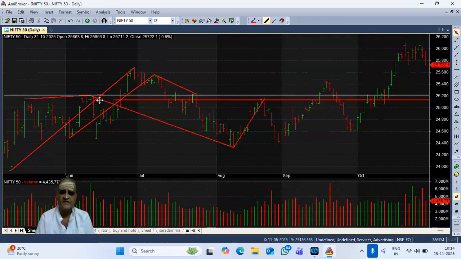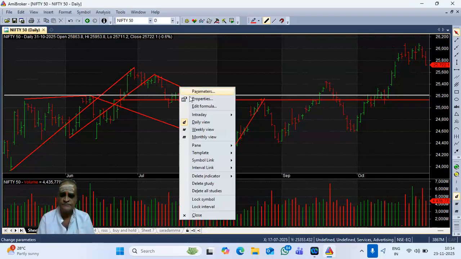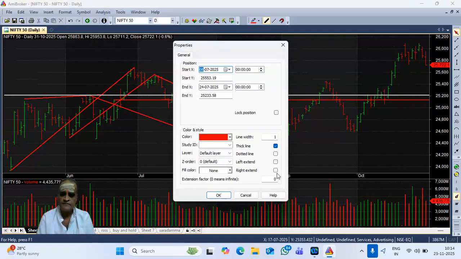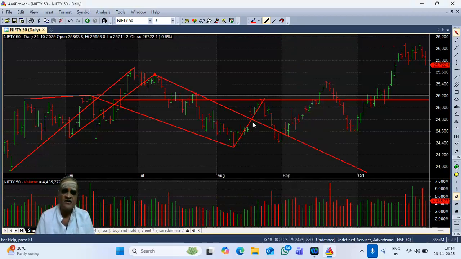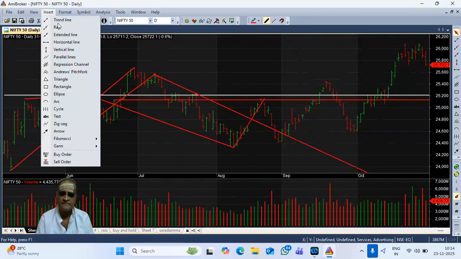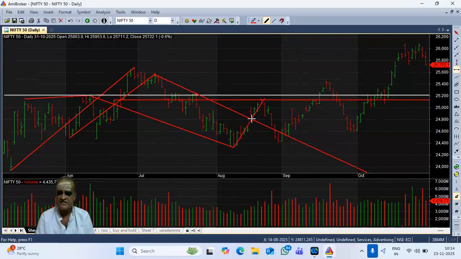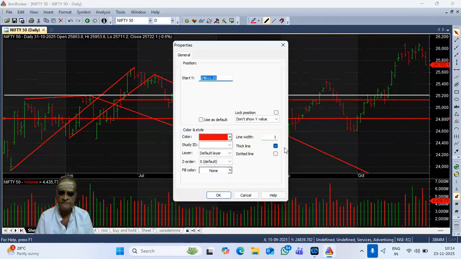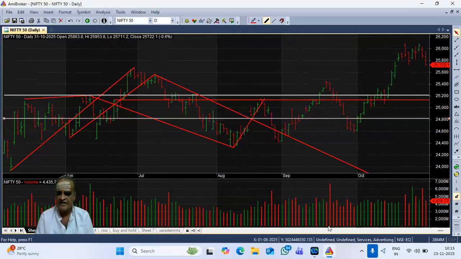Now you can see the triangle-like formation here, a very long line, and I will also extend this line. Now here we have an intersection, and I place a horizontal line on the intersection. We will change the color to white. Let us see what happened.